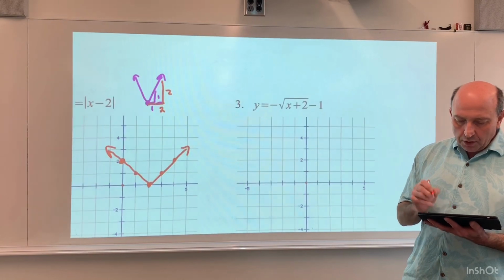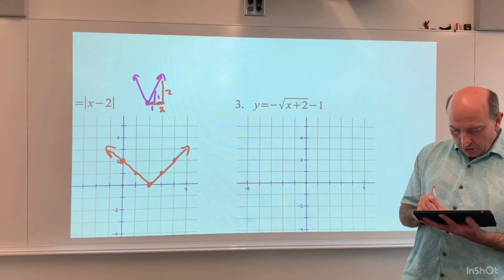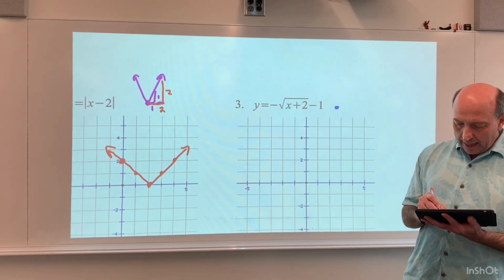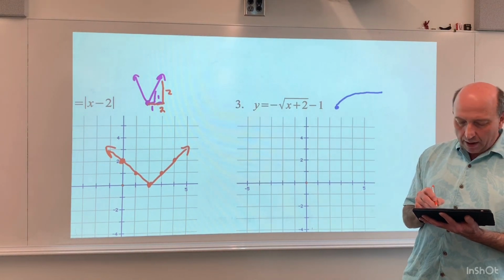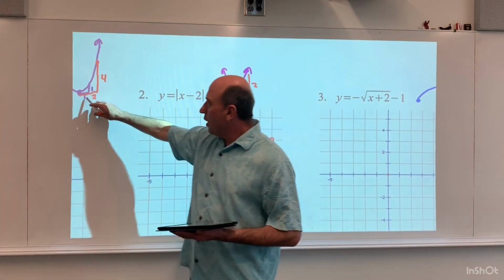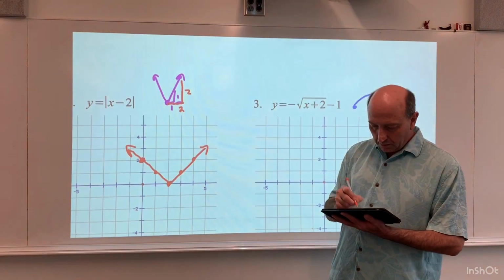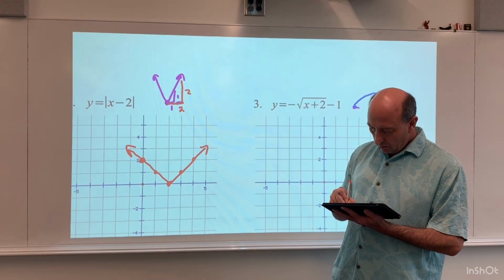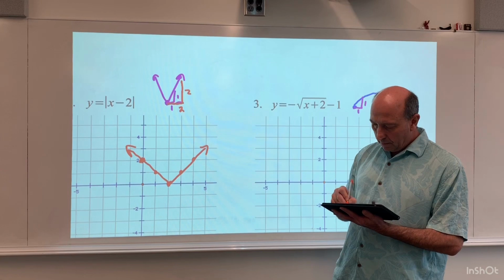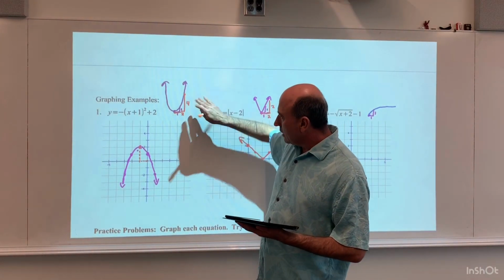Now the square root graph is the hardest graph. That starts at 0, 0. It's half of a sideways parabola. So, over 1, up 1 is still over 1, up 1. Now the next point, over 2, up 4, gets flipped.